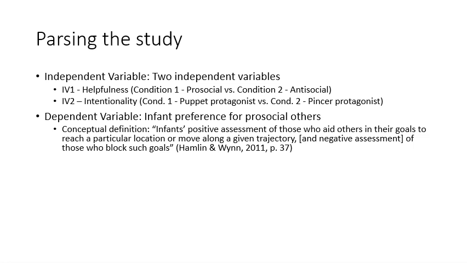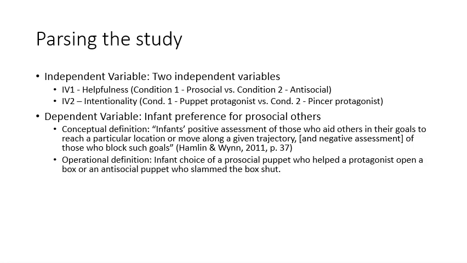I think that's a good conceptual definition based on their own words. It includes their internal state, their assessment, and it includes behaviors that they're observing through their preference choices. So I think it's a good enough conceptual definition.